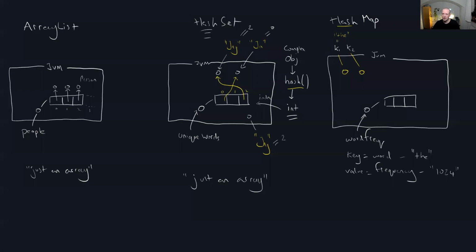We take the hash of this key, and this will give us a particular integer value. So let's say that became 1 in this case. Well, then we would go to this particular cell. We're not going to put that particular key in there, but this cell will reference some other object, which in this case is going to be our value.